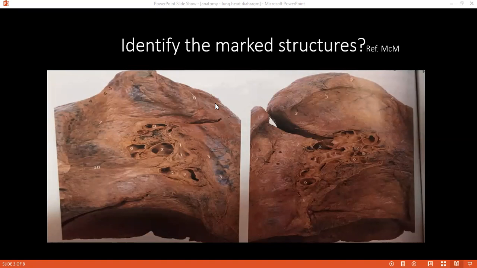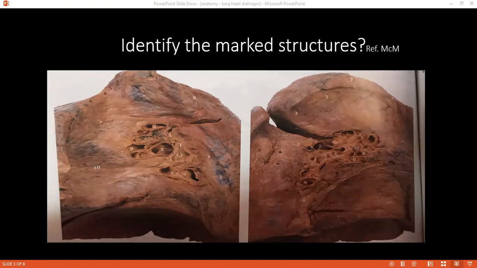After that, to the right atrium, to the right ventricle through the tricuspid valve, and then through the pulmonary valve to the pulmonary trunk, to the pulmonary arteries, closing one of them. Right.